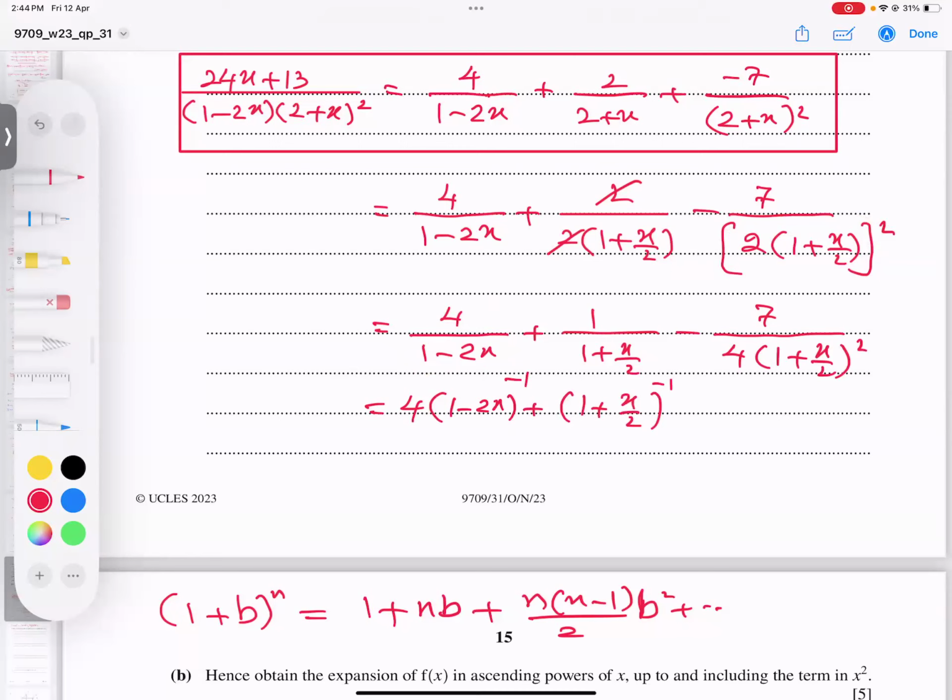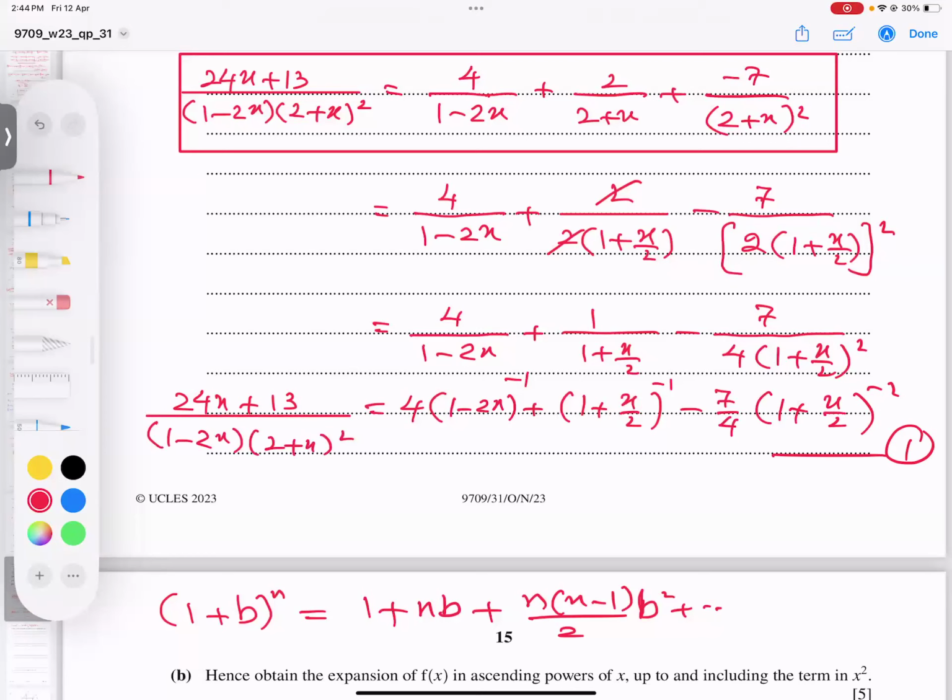Okay, the idea is clear. Now, same story here, -7 over 4 and 1 plus. I think you see now the question becomes easy. I call this equation number 1. Okay, and this 24x plus 13 is already available on the left hand side, and 1 minus 2x and (2 plus x) to power 2. So P part, I started from here. B part, I started from here.